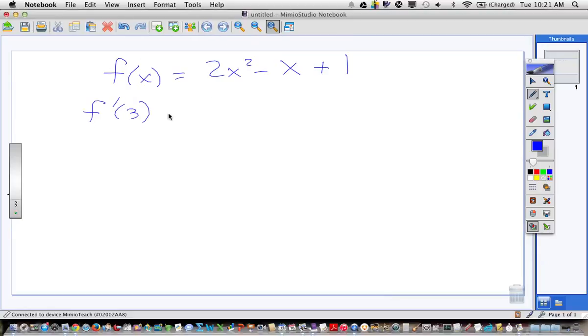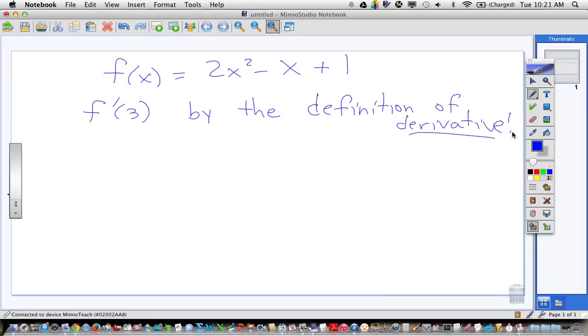Find f prime of 3 by the definition of the derivative.